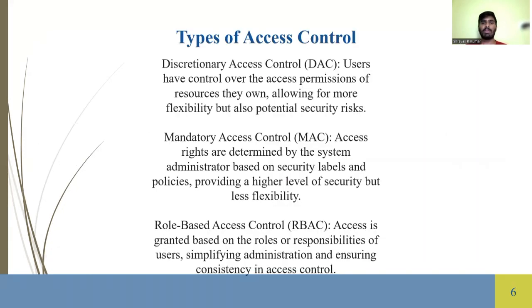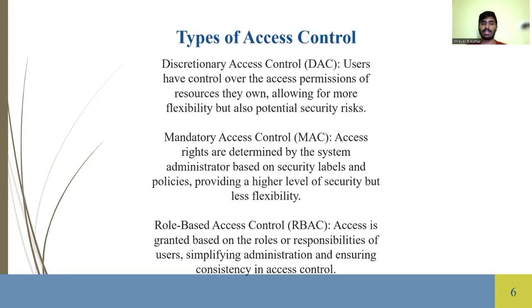Now let's see the types of access control. Discretionary access control, also known as DAC. In this, users have control over the access permissions of resources they own, allowing for more flexibility but also potential security risks. Mandatory access control, also known as MAC.